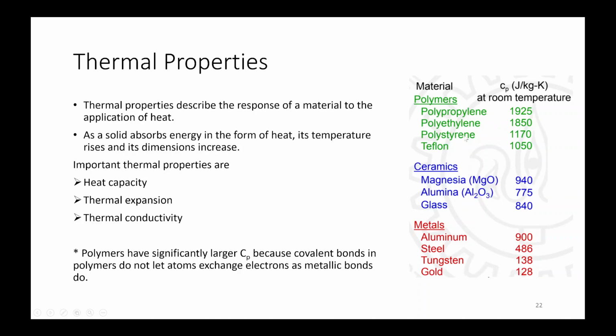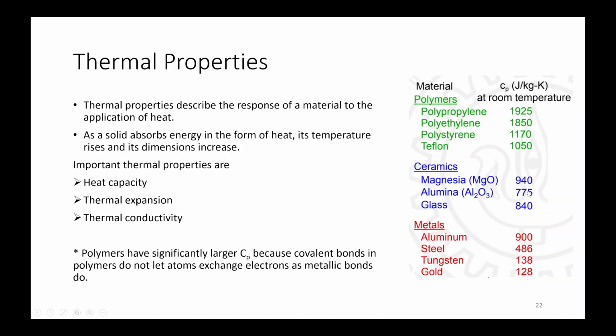Now these are various materials and their heat capacities. For example, polymers such as polypropylene, polyethylene, polystyrene and Teflon all have heat capacities at room temperature which are higher compared to ceramics and metals.